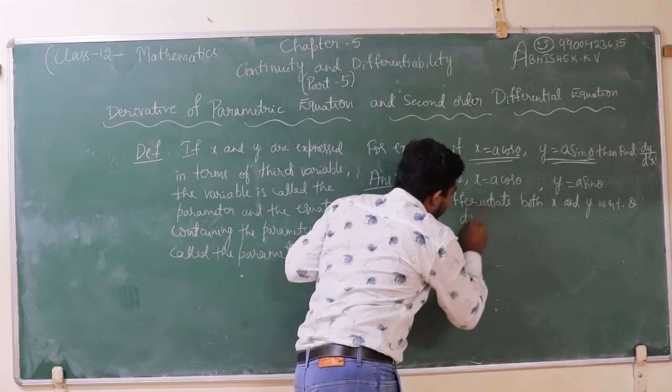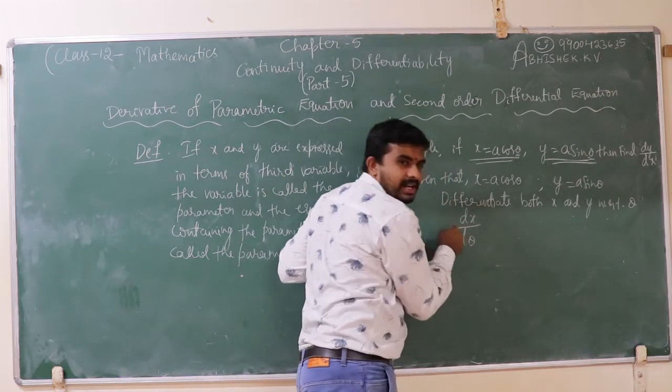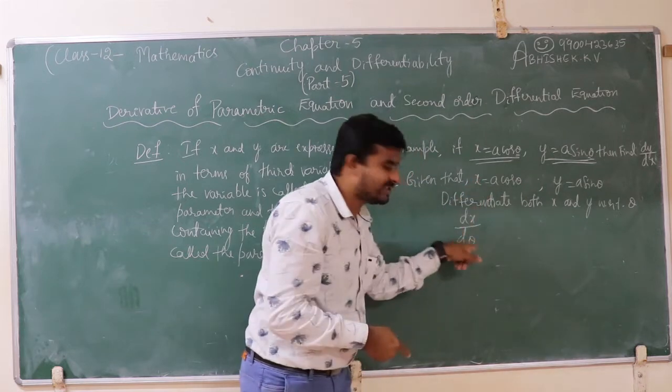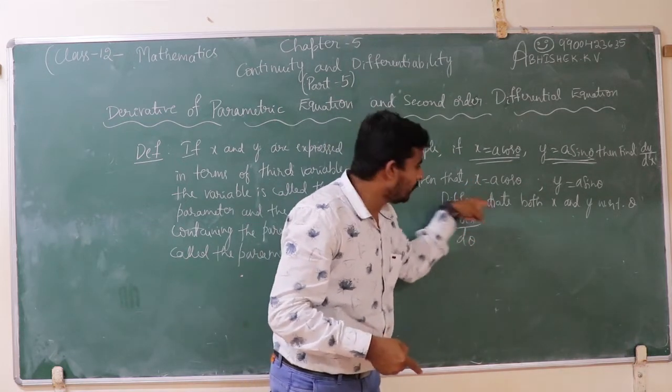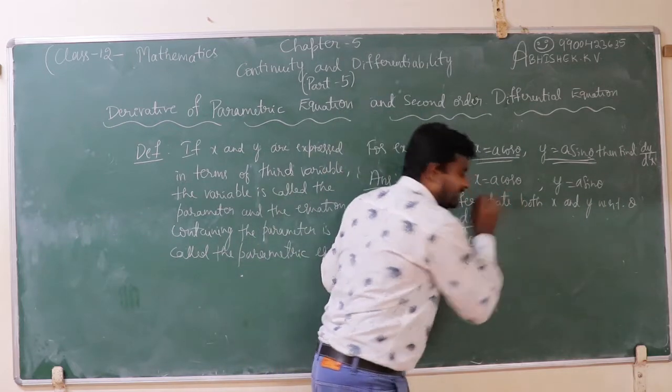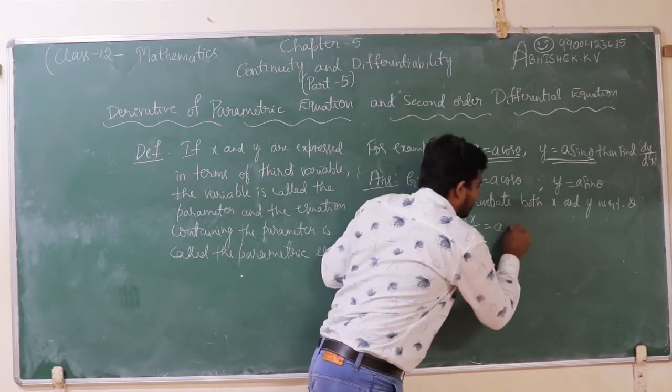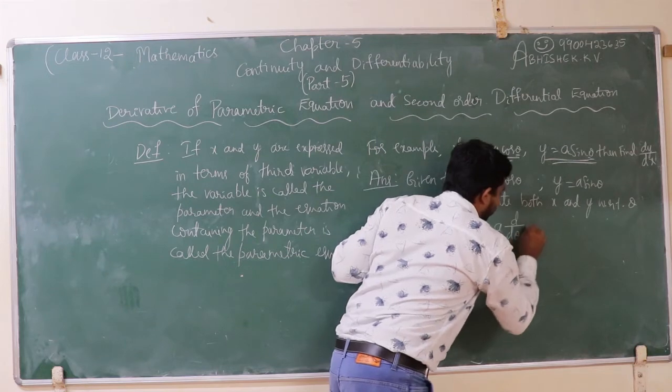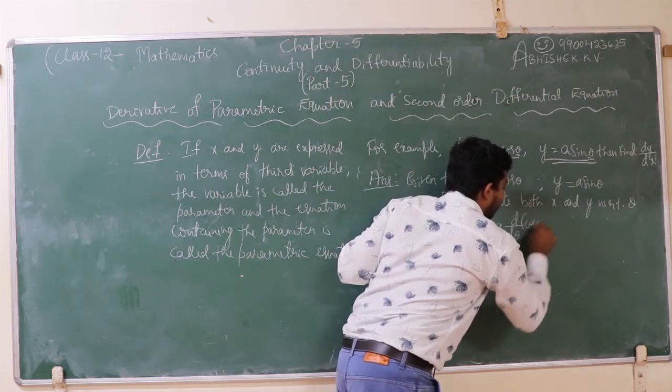We get dx by d theta, the derivative of x with respect to theta, equal to, since a is constant, a into d by d theta of cos theta.